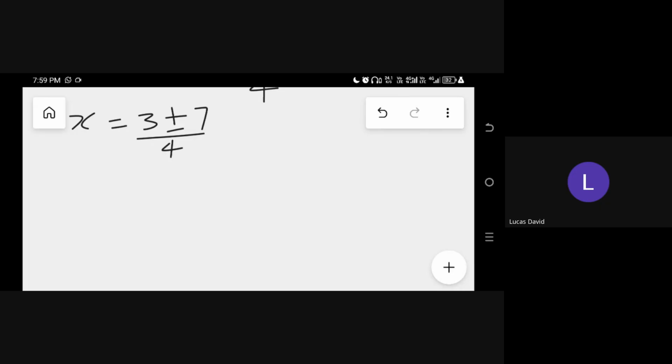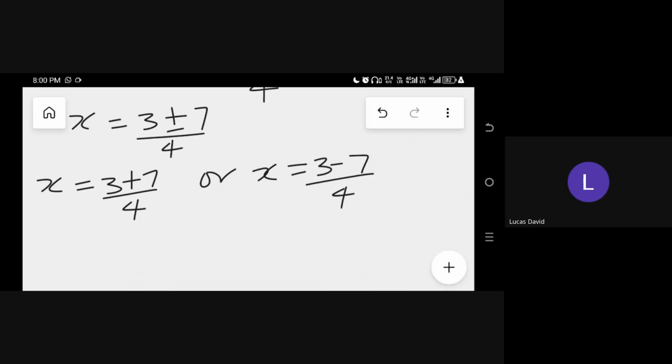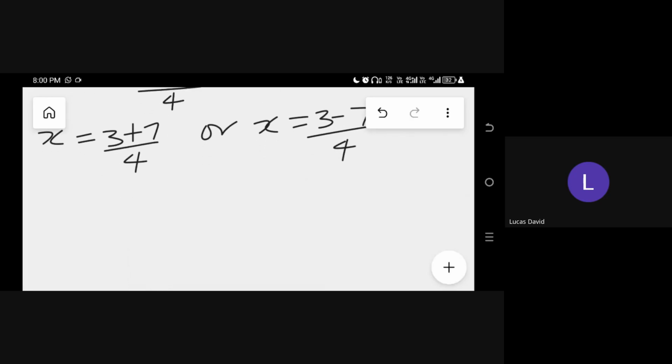You separate them. So the first one would be S is equal to 3 plus 7 over 4, or S is equal to 3 minus 7 over 4. And then in this, the first one, 3 plus 7 is 10.